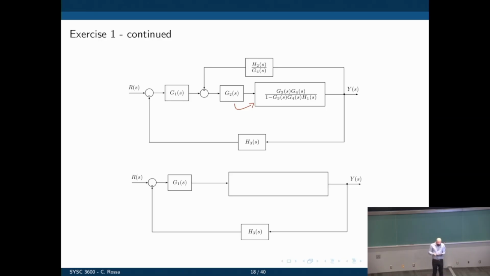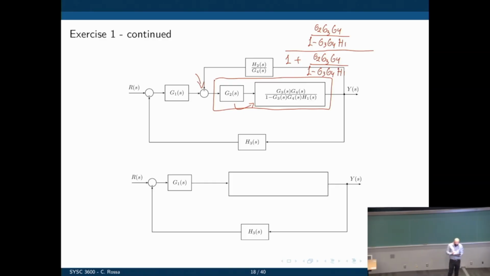So this entire thing simplifies to G2 G3 G4 divided by 1 minus G3 G4 H1, divided by 1 plus the same function multiplied by the feedback function H2 over G4.